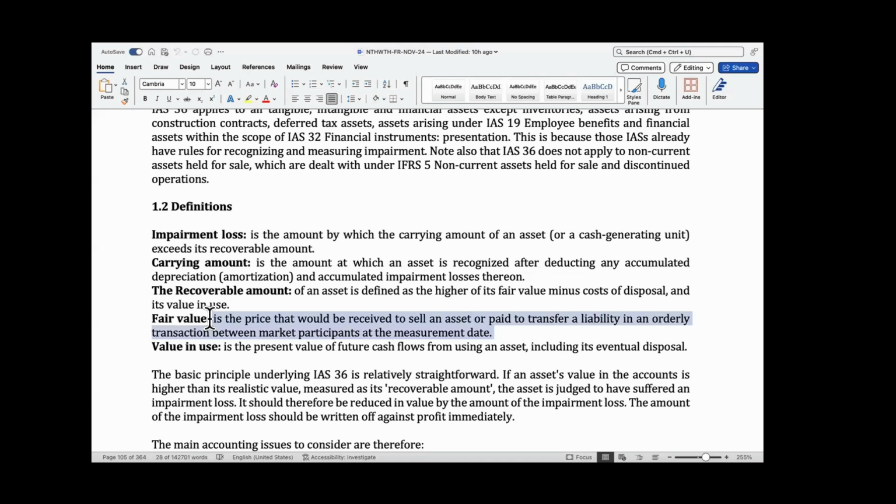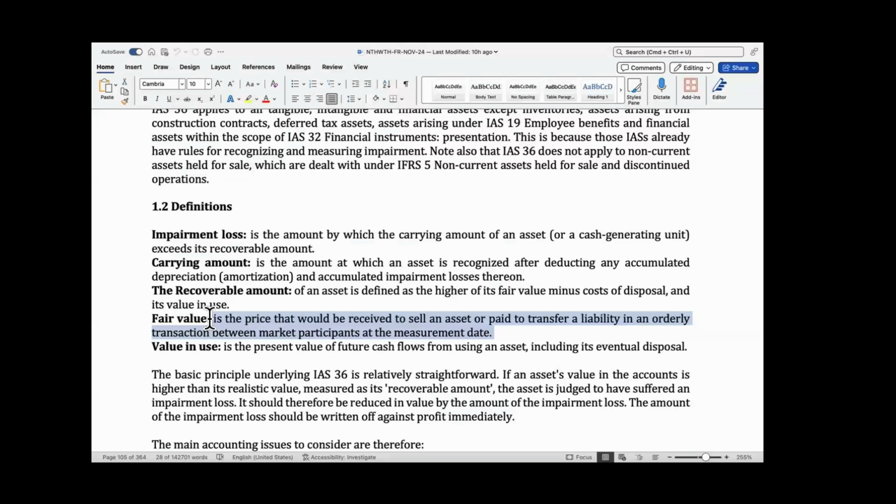I might not ask you the definition of fair value now, but start getting used to it because it's a popular definition for fair value. But for you now, the simple meaning of this definition is just that fair value is the selling price of an asset.